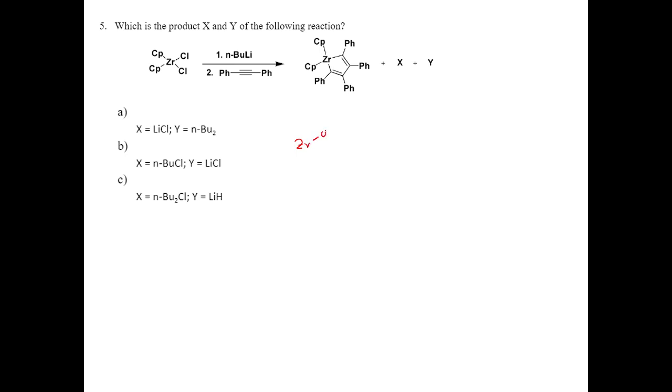So this is a zirconium complex. First, when you add n-BuLi, n-BuLi is actually a very strong base also. What will happen is that the zirconium will substitute the lithium, LiCl will go out, and all this chlorine will be substituted with the n-butyl group.